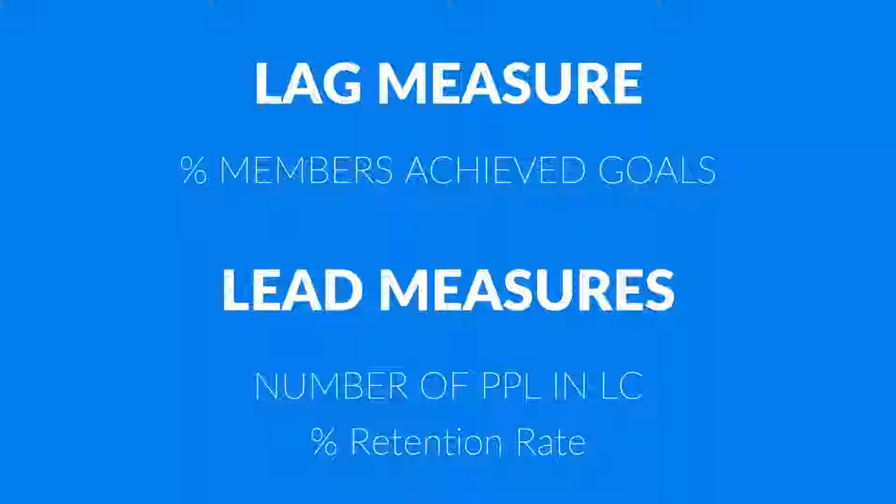We can have 100% of members achieving their goals, but if the LC has just 10 members, usually it's not enough. So we need to understand that we have enough people in the LC. And retention rate: if we recruit 100 people and only 10 stay, this is also not the development which we want for our people inside the organization.